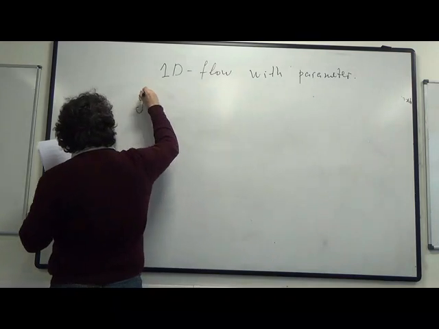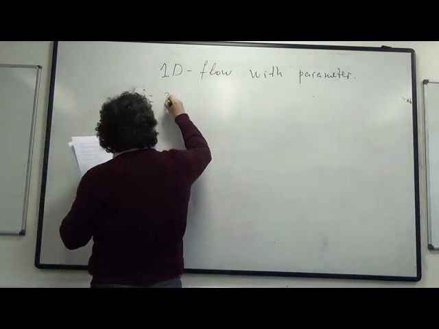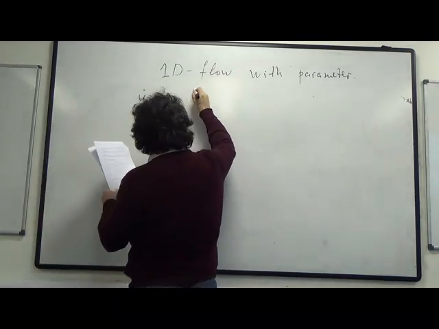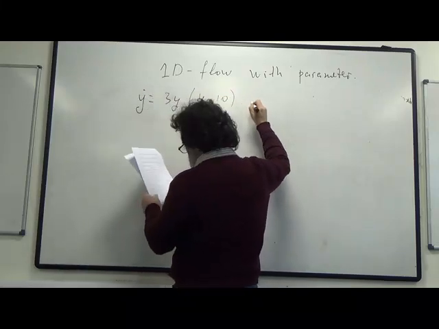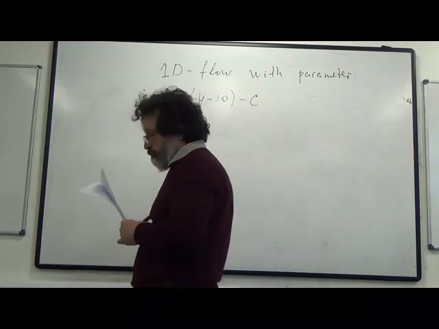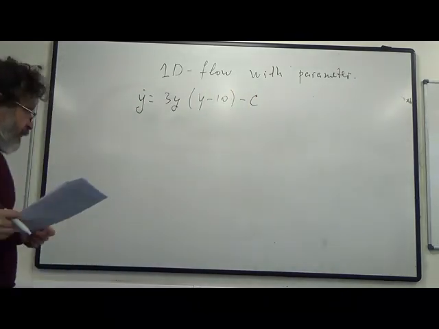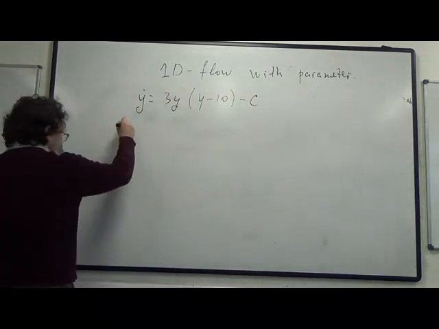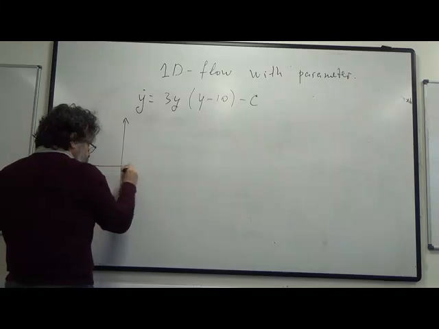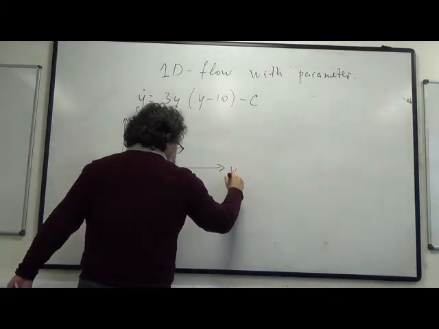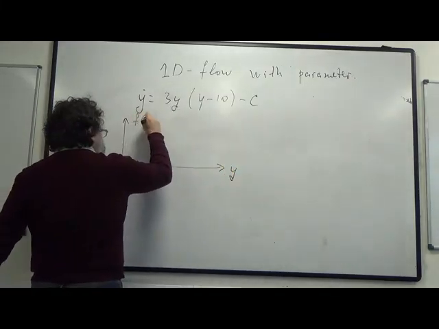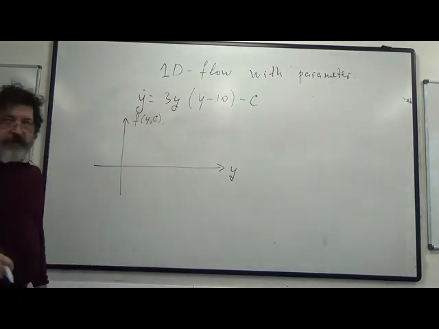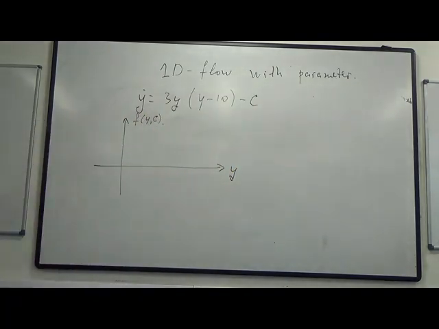What we have is y dot equals 3y(y minus 10) minus c. So let's try to plot it. Let's do it the easy way.